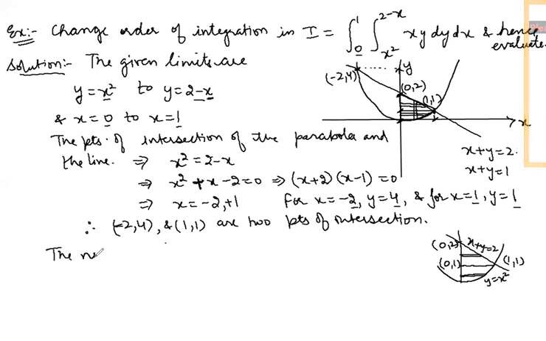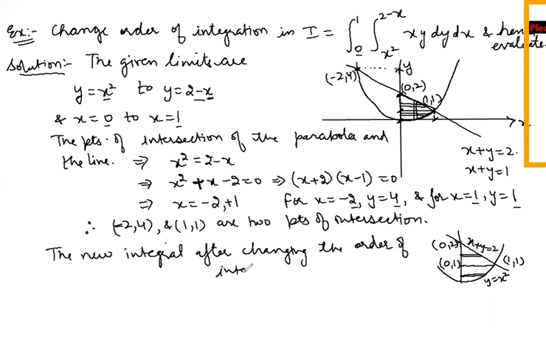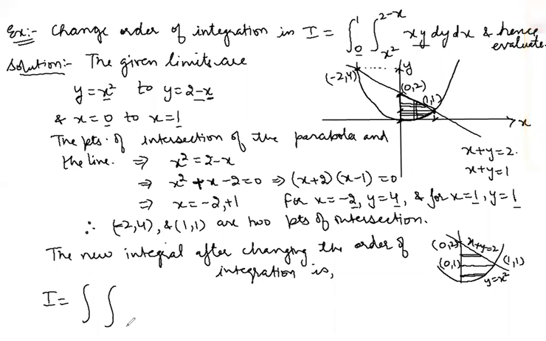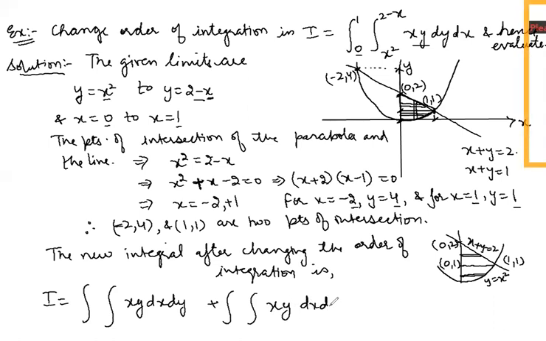The new integral after changing the order of integration is, okay, I will split it into two integrals. Look, what was the integrand? xy. Now it will be dx dy, and again writing this integral first, xy dx dy.